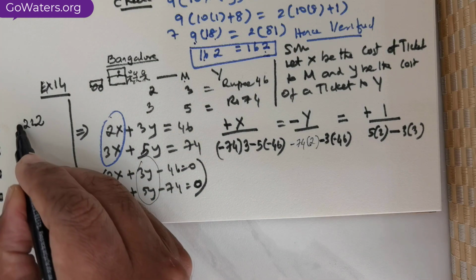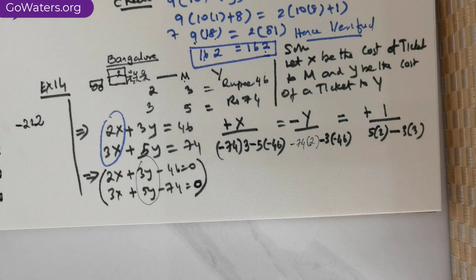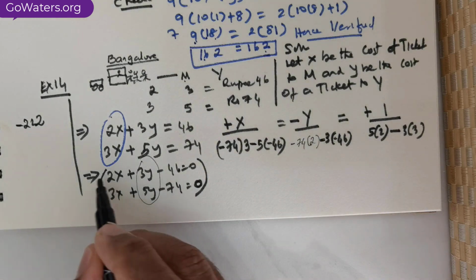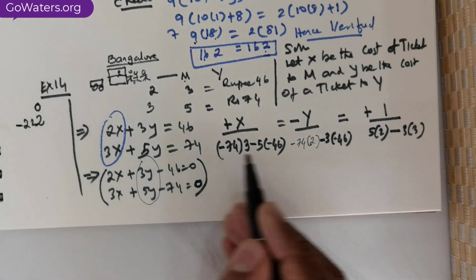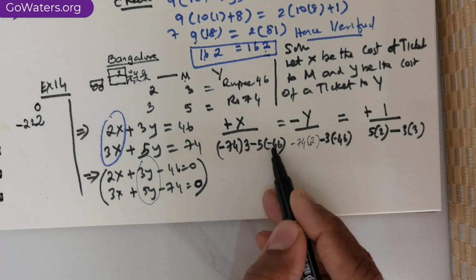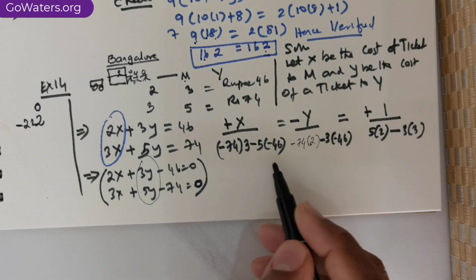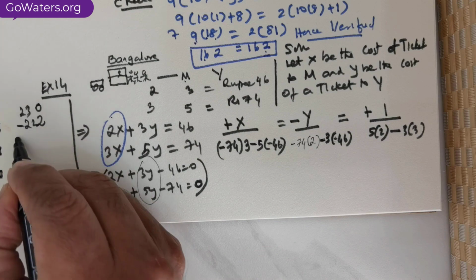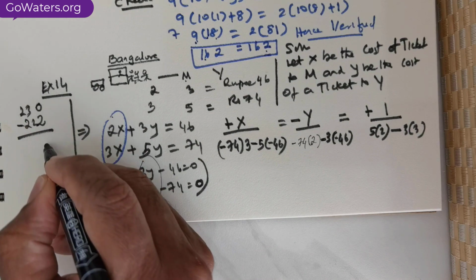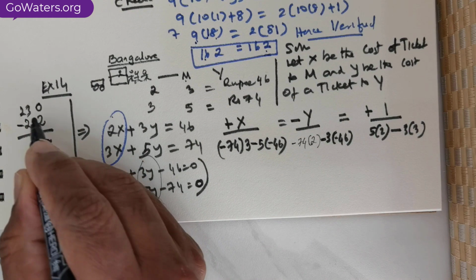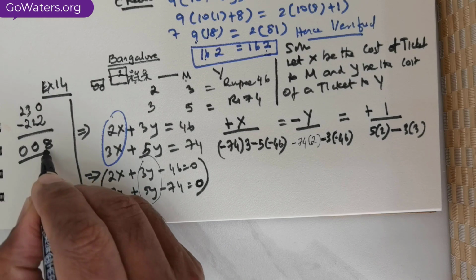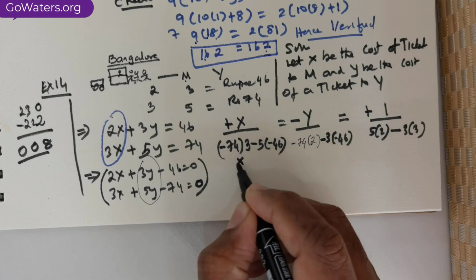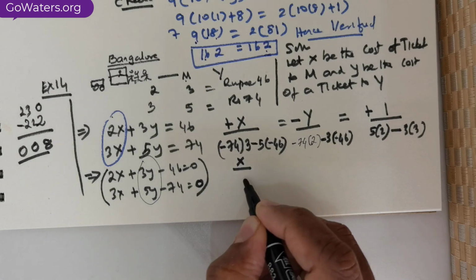Since I have a negative sign, place the negative sign there, and then negative, negative gives positive, and that's going to be 5 times 6 is 30, 33, and then 23. So you subtract these two terms. You get 8 here. So this is x over 8.